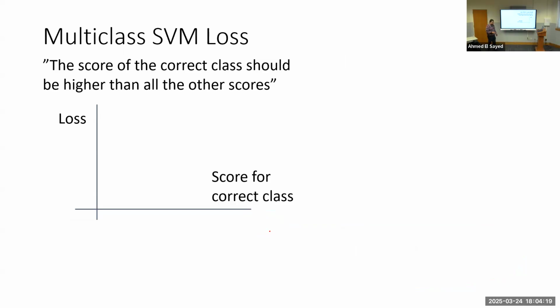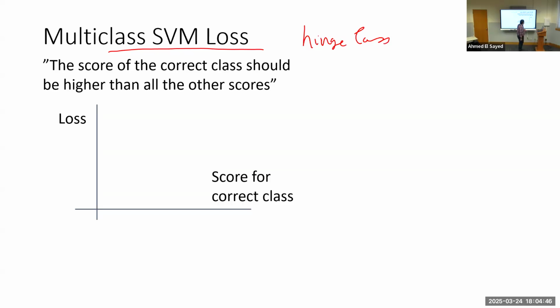Actually, we have several types of loss functions that can be used, but there are two most common ones. The first one is called support vector machine loss, or hinge loss.